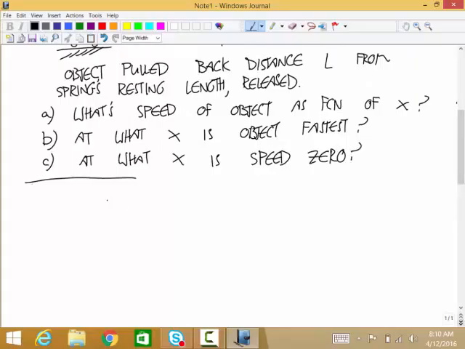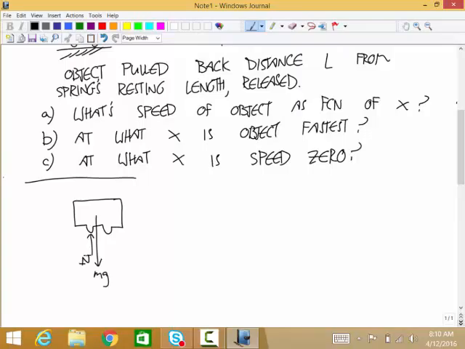Okay, so the first step is to think about what forces are acting on this object. So what's acting? Yes, good. What else? Normal, good.